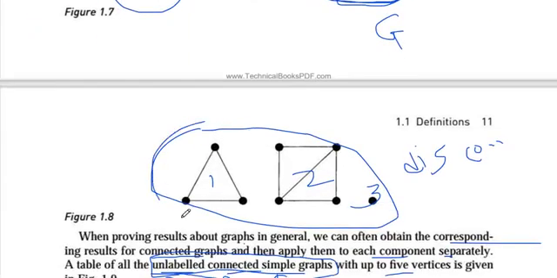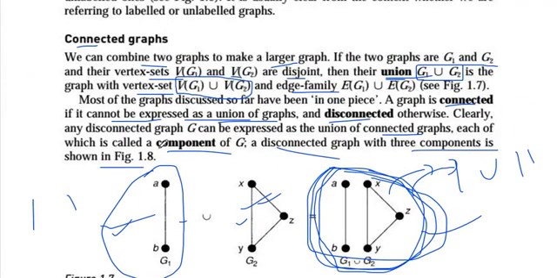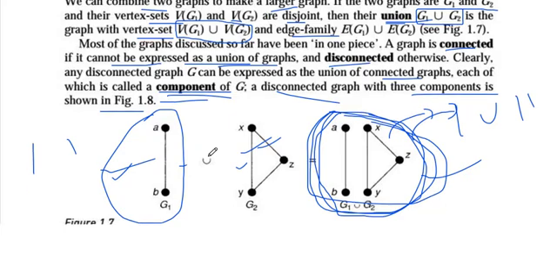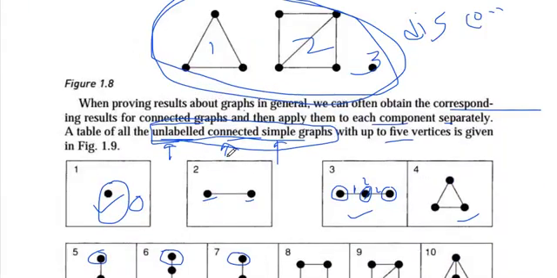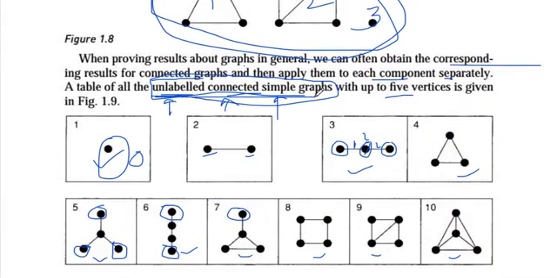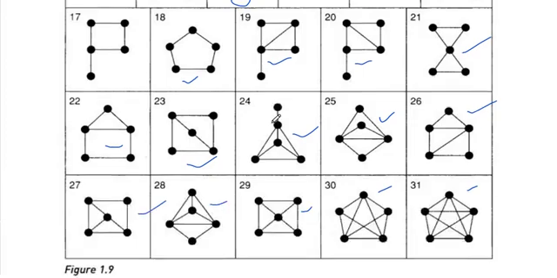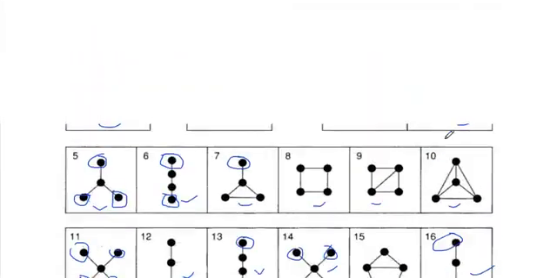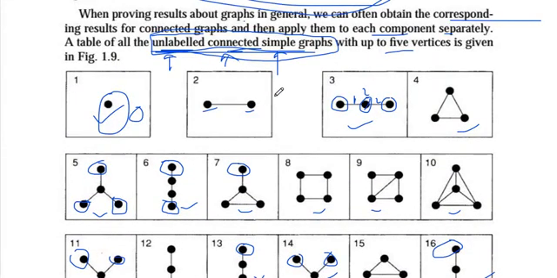This is called a disconnected graph, with 3 components. So here we have studied connected, disconnected and component of a graph. Then we made graphs for 5 vertices: unlabeled, connected, simple graphs. There are 31 different possible graphs we can draw.